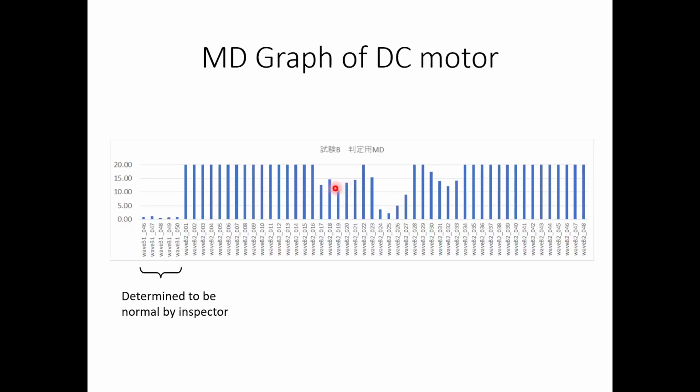This graph shows the results of Mahalanobis distance for various waveforms. The first 5 waveforms are normal, but after them are almost all abnormal.